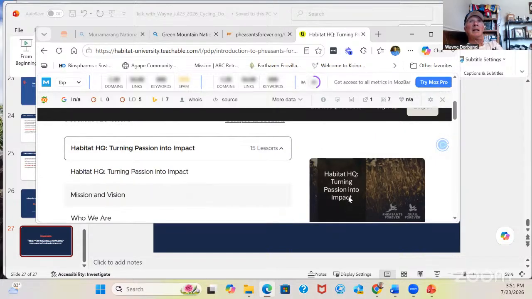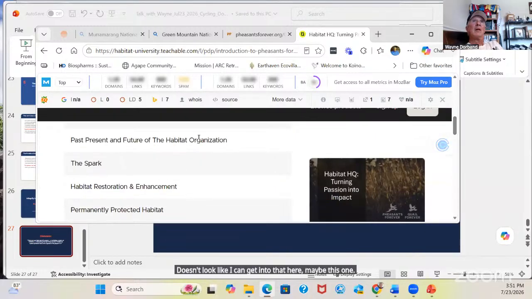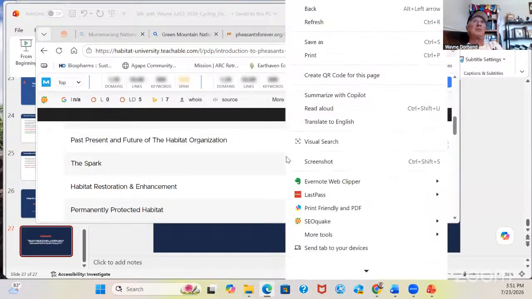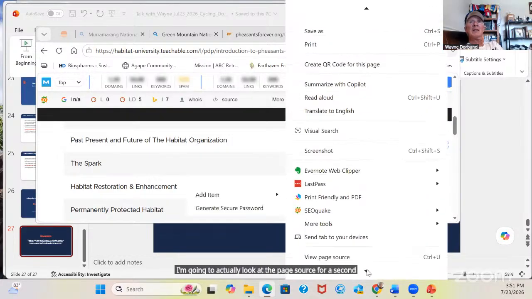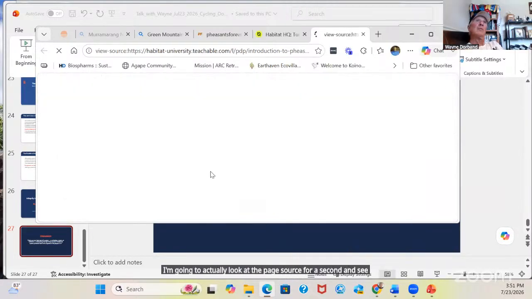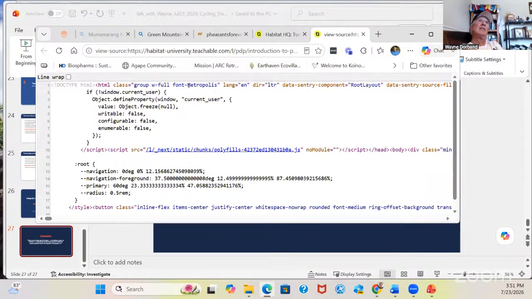Doesn't look like I can get into that here. Maybe this one. I'm going to actually look at the page source for a second and see what this is done in.